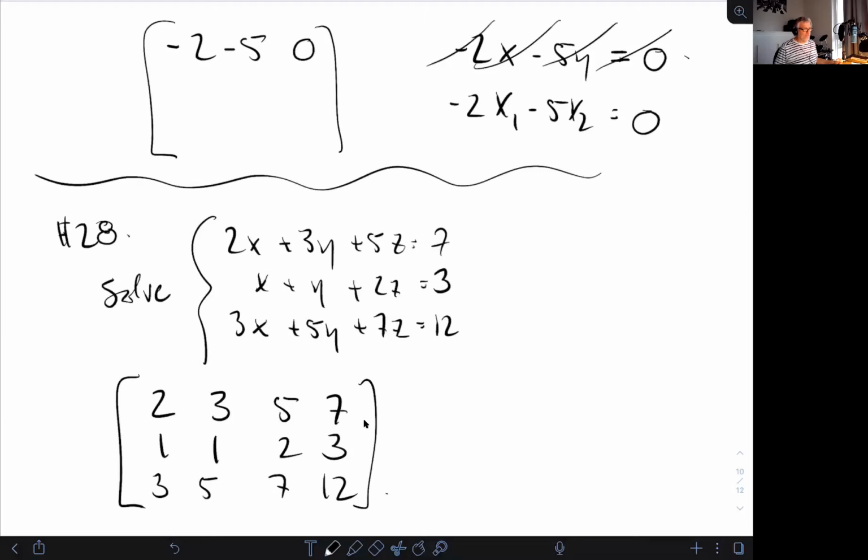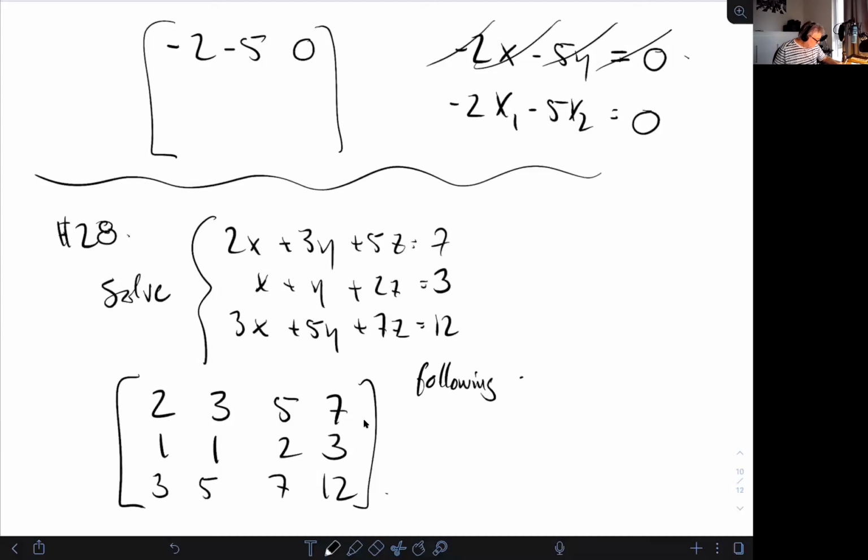If I just follow blindly the algorithm that I gave you, I would divide this row by 2, multiply by 1/2, but I'm going to introduce fractions if I do that. It's fine, but there's a smarter way of doing it.